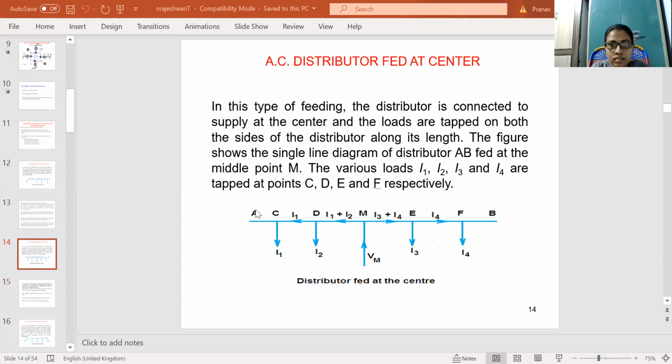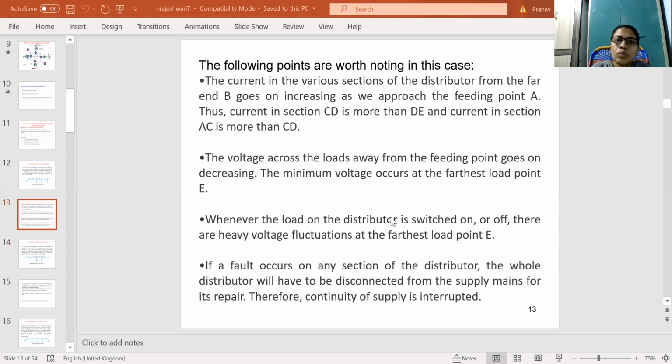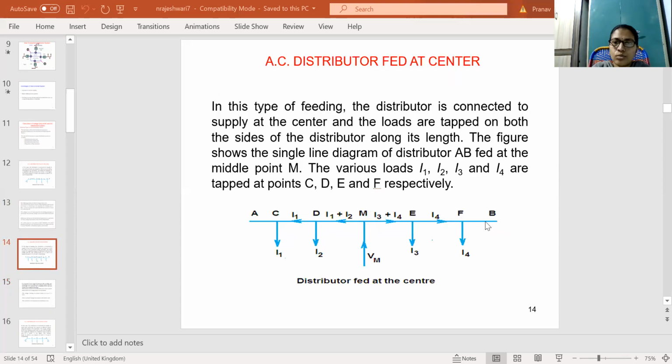So this means that from the farthest end, the current in MD is more than DC, and the current in ME is more than EF. At the farthest ends C and F, the voltage reached at these two points is more, so the fluctuations occurring here are also less.